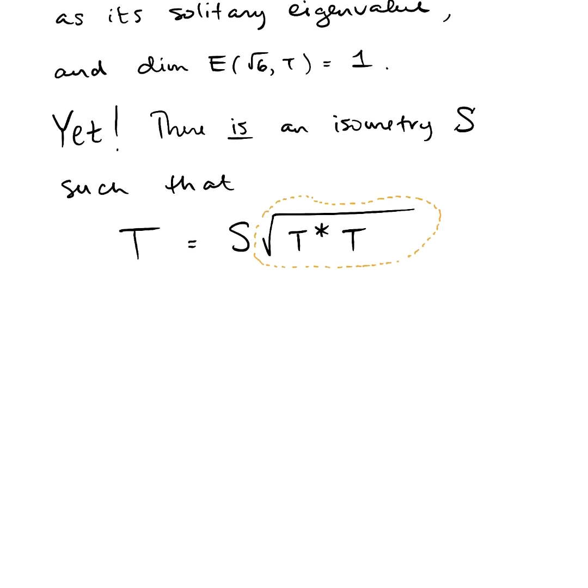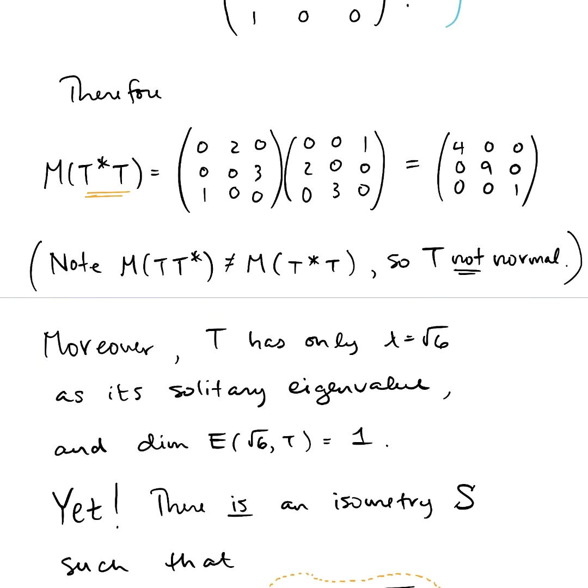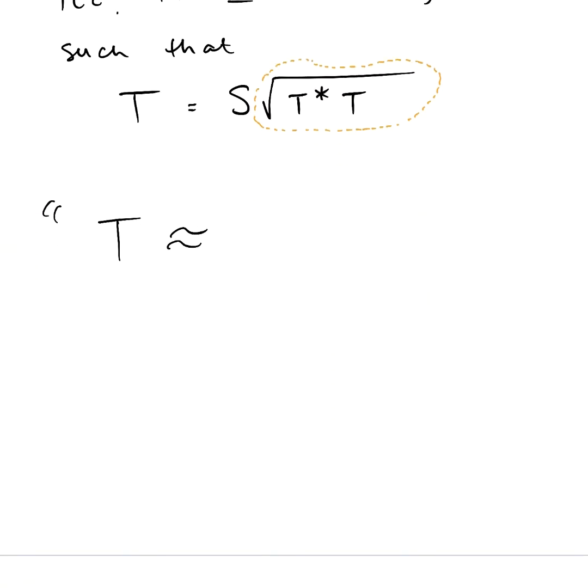So I want to say something like this. Loosely, T is roughly, now can we think about the positive square root of T star T? We found T star T up here. Here's its matrix. That's the matrix for T star T. So the positive square root of T star T with respect to the standard basis is this matrix.